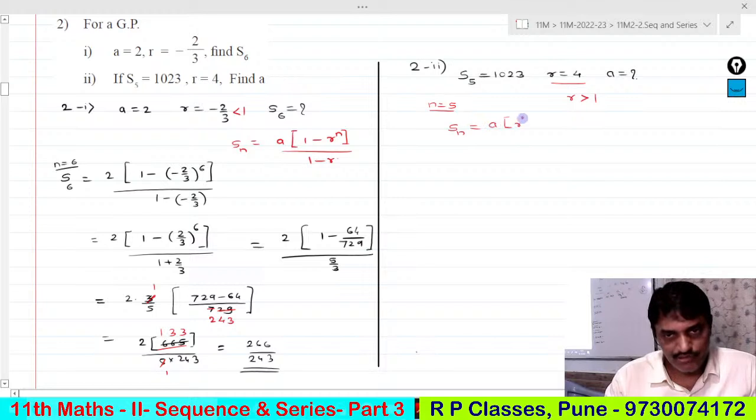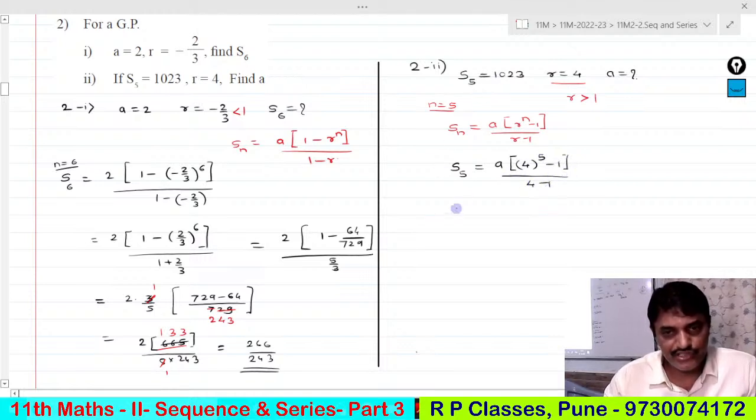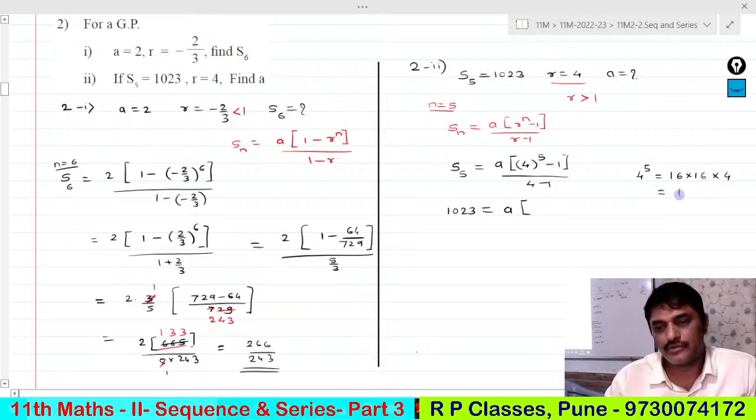A into R raised to N minus 1 upon R minus 1. So n is equal to 5, so S5 is equal to A into R, 4 raised to 5 minus 1, whole thing divided by 4 minus 1, but S5 is 1023, is equal to A into 4 raised to 5, which is 64 into 16, 1024.